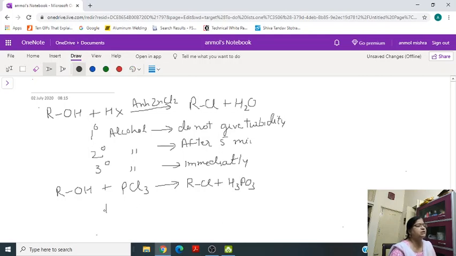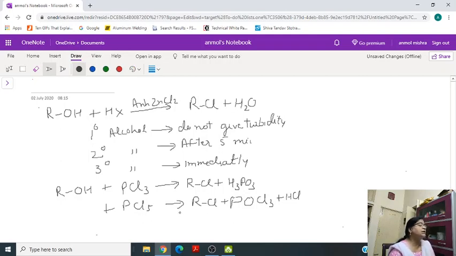If it reacts with PCl5, it forms RCl plus POCl3 plus HCl. Again, in the first chapter we have studied.